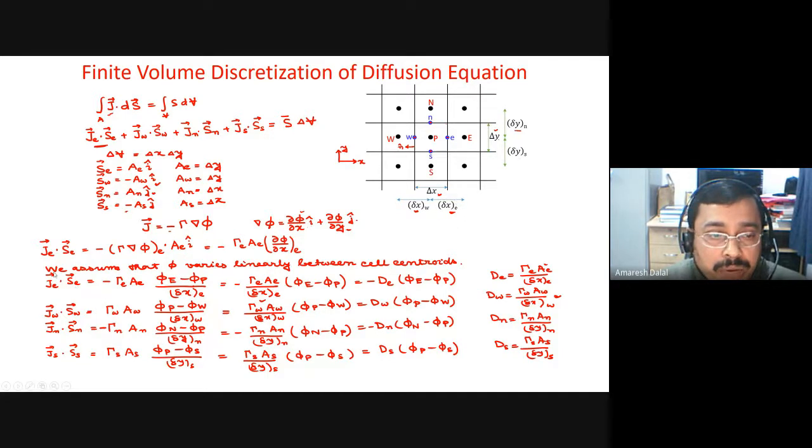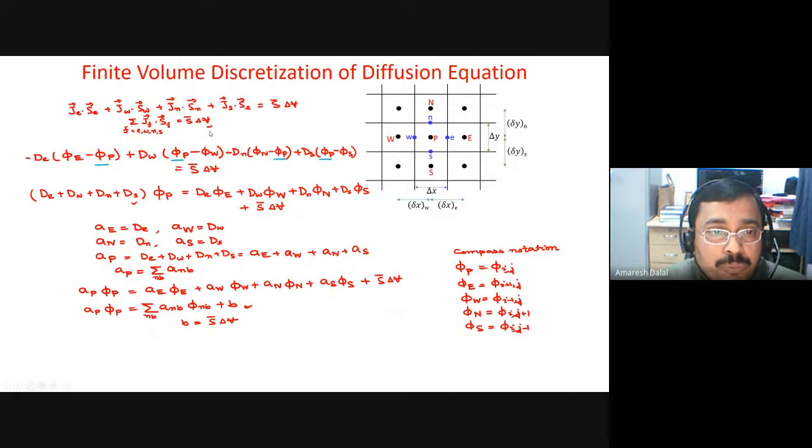So Je dot Ae we have written this way, and gamma e AE divided by delta xe we will write with a coefficient DE, so we can write minus DE times phi E minus phi P. Similarly, other faces can be represented in this way.